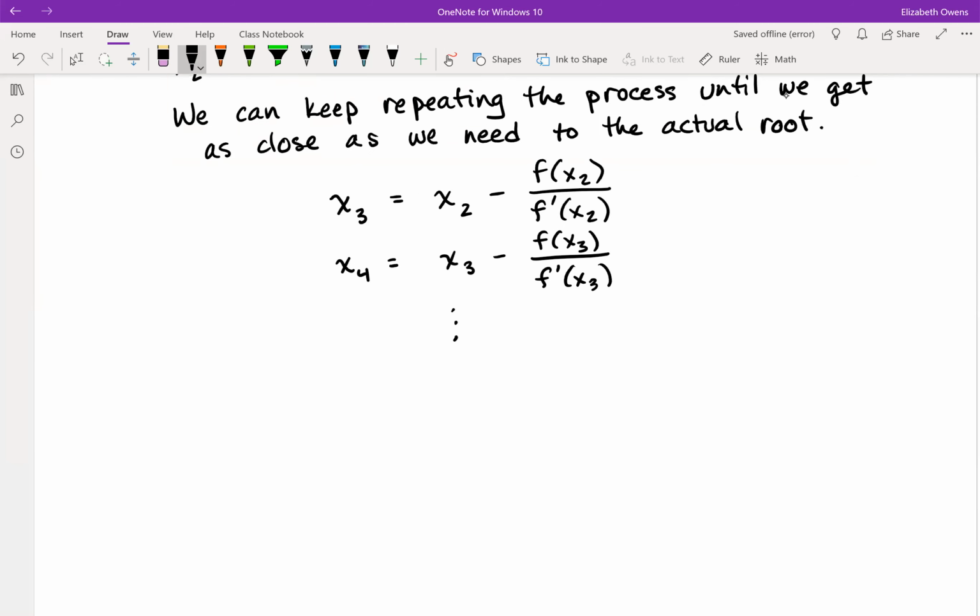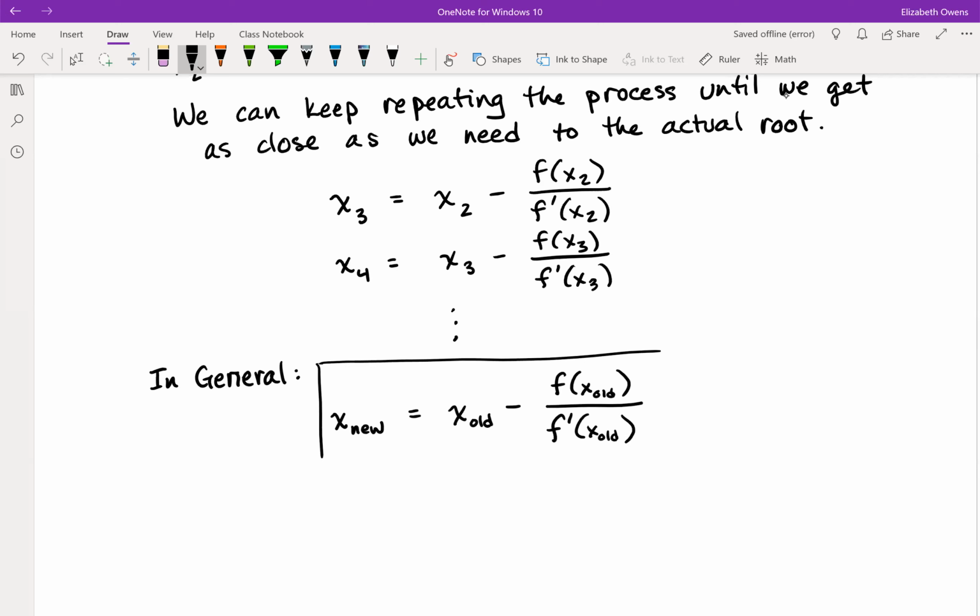So in general, we can come up with a formula for this. Your new x value that you're finding, your new approximation, is going to be the old approximation minus f of the old x value over f prime of the old x value.